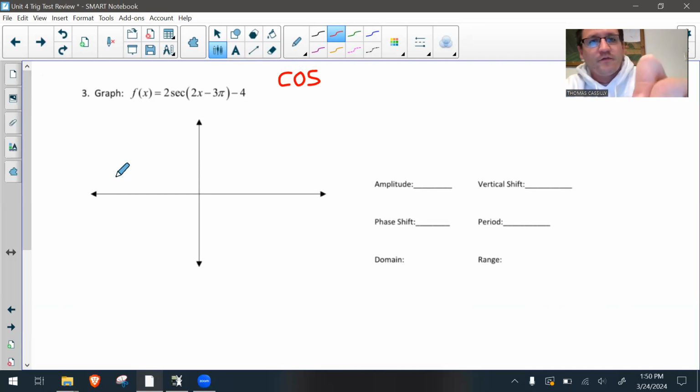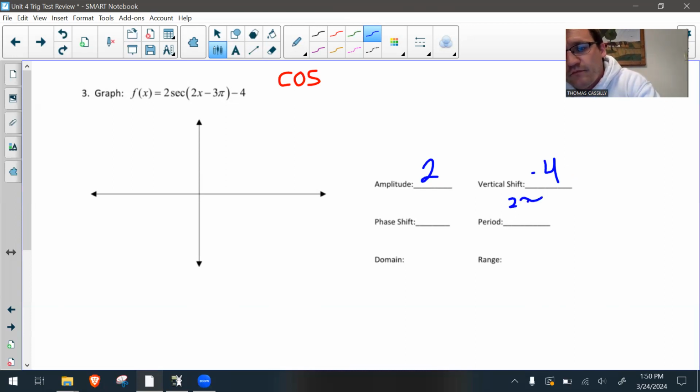So first things first, amplitude is a 2, the vertical shift is down 4, negative 4, whatever you want to say. Down 4 is probably a little bit better. The period, that's 2 pi over the b value, which is 2. So 1 period here is just pi.